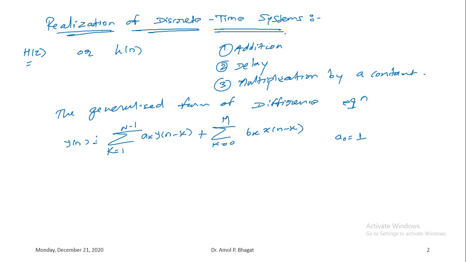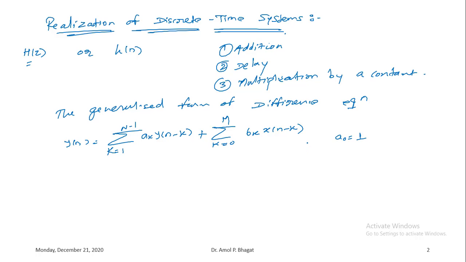If I'm taking all these terms close to each other, that is, the output terms at one side of the equation and input terms at the other side of the equation, specifically this y of n can be sent inside this summation, right? And you can take limit as k is equals to 0 to N minus 1, but in that case this a0 should be 1.